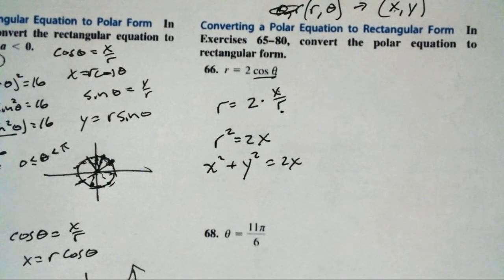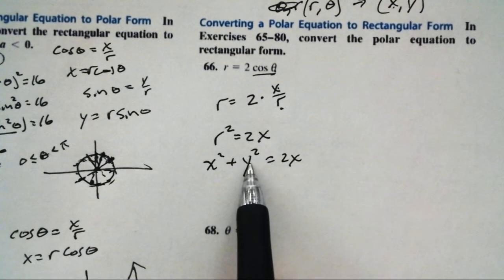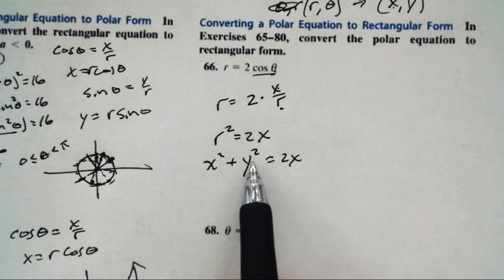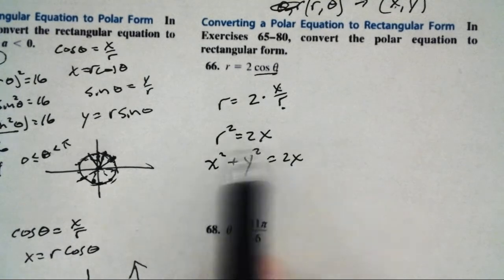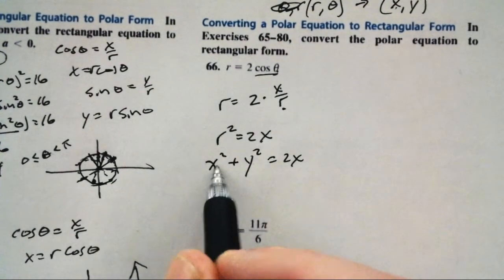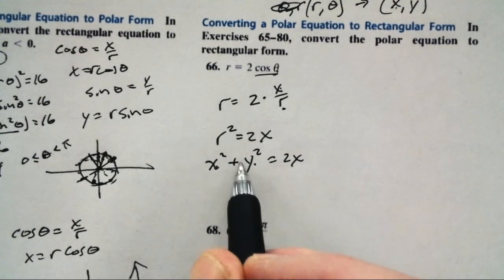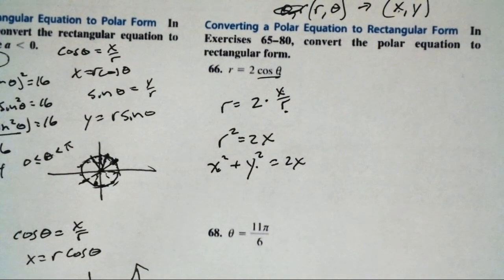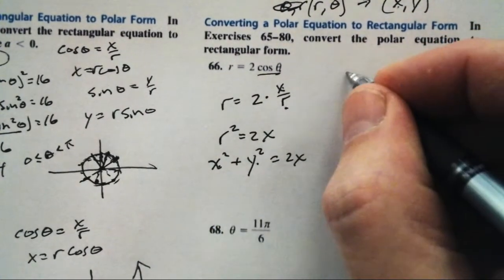Now we might want to solve this for y, but I would hope at this stage we recognize this is not a function. To solve for y, I'd have to introduce a plus or minus. This is a conic section. I've got a positive x squared, a positive y squared. They have the same coefficient. If the graph exists, this thing's a circle. So I'm going to try to set it up as a circle.